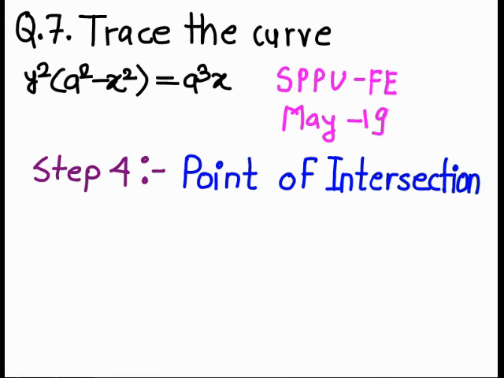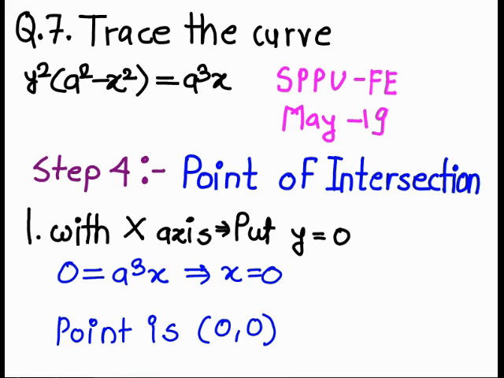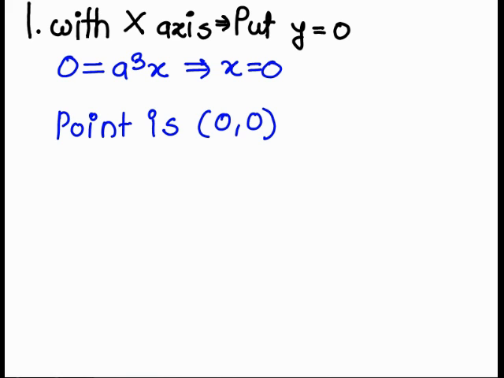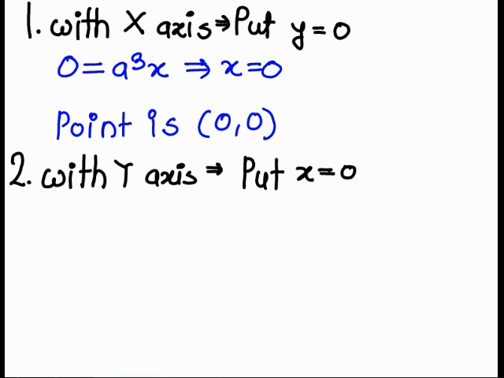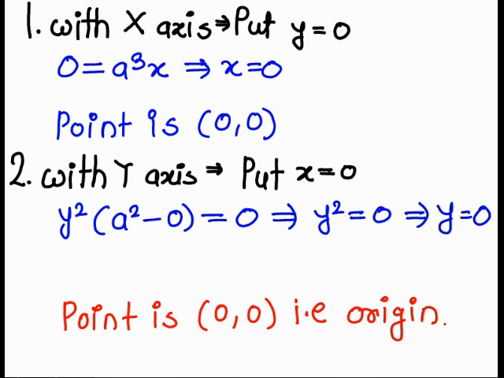To find the point of intersection with the x-axis, we put y equal to 0. When we substitute y equal to 0, this term becomes 0, and we get a cube x is equal to 0, that is x is equal to 0. So (0, 0) is a point of intersection with the x-axis. Now with the y-axis, we put x is equal to 0, we get y equal to 0.